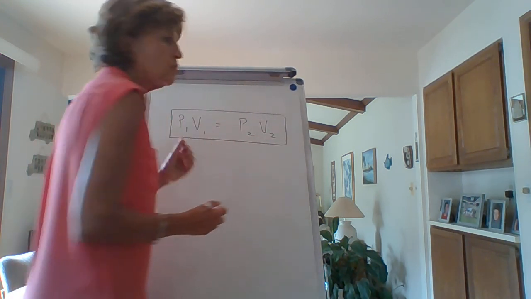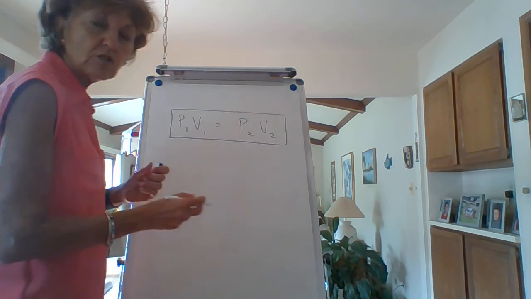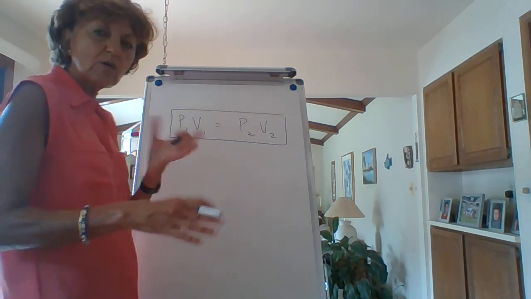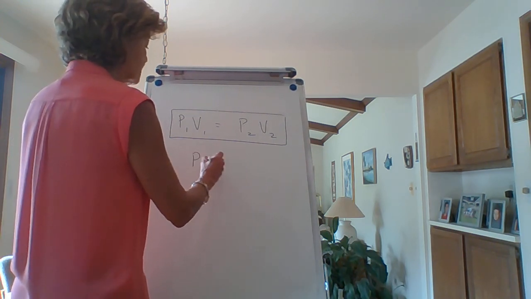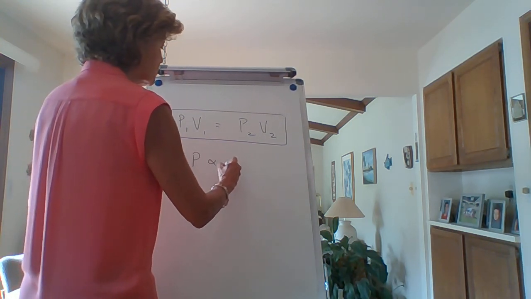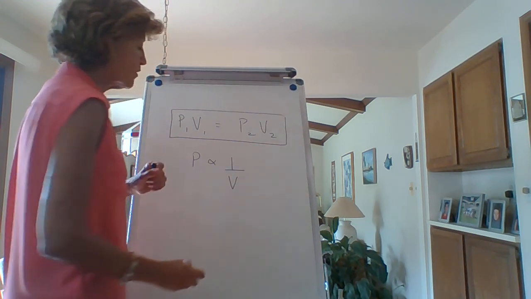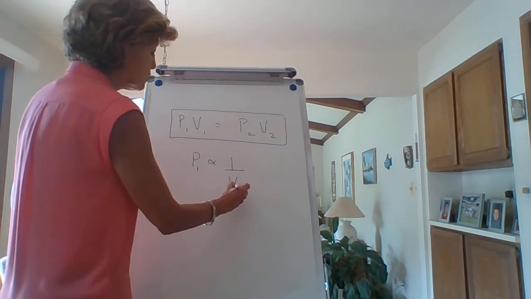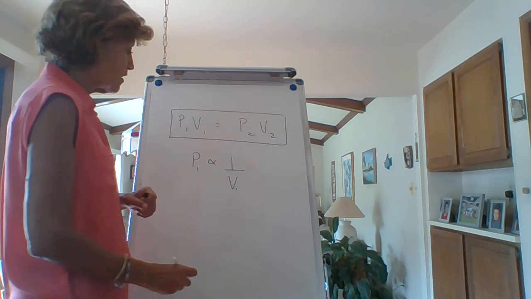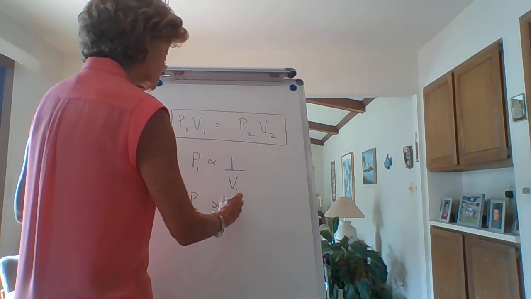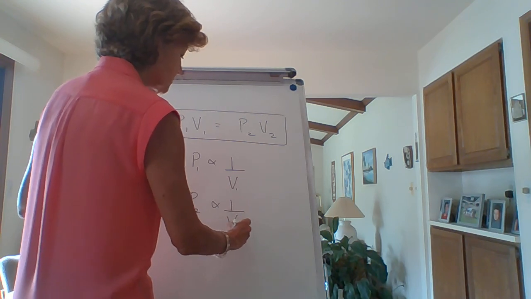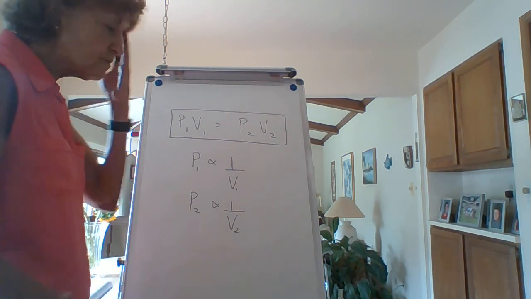For those of you who love derivations, let me just derive this one quickly for you, and I won't derive any of the others. Basically, this is saying that pressure is proportional to the inverse of the volume. So pressure 1 is proportional to the inverse of volume 1. Pressure 2 is proportional to the inverse of volume 2.